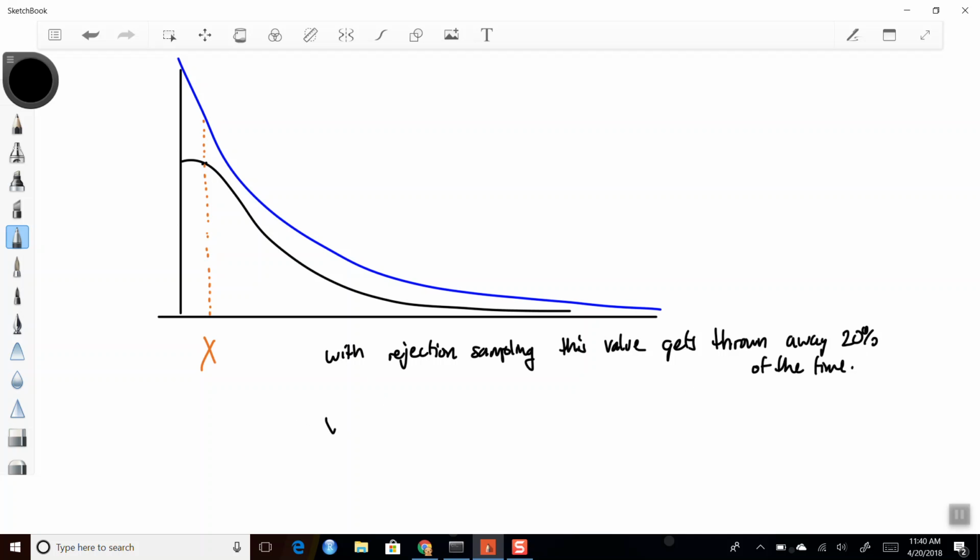With importance sampling, I'm going to just call it weighted Monte Carlo, we don't throw away any values.